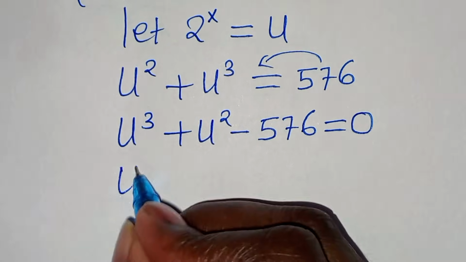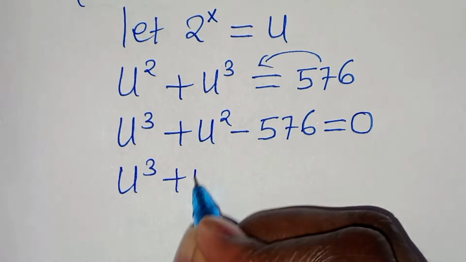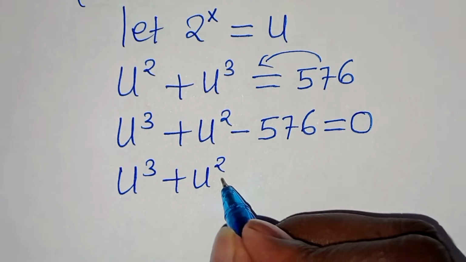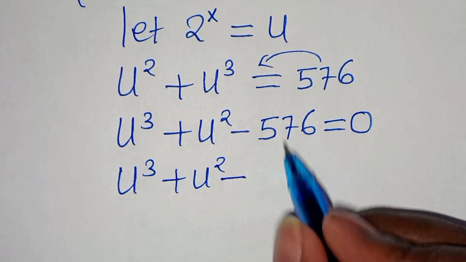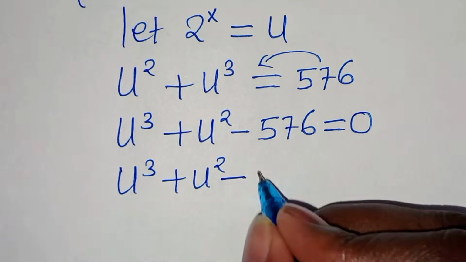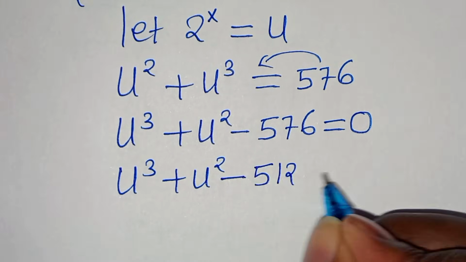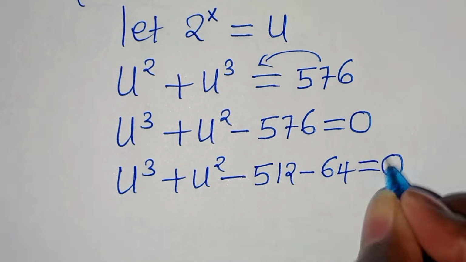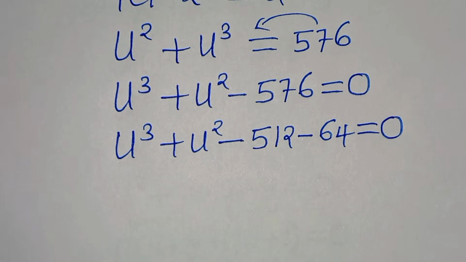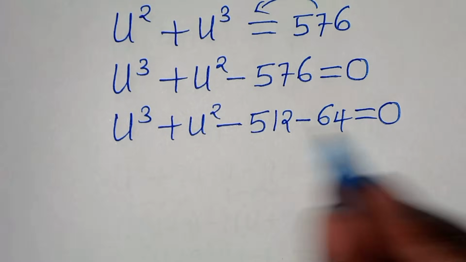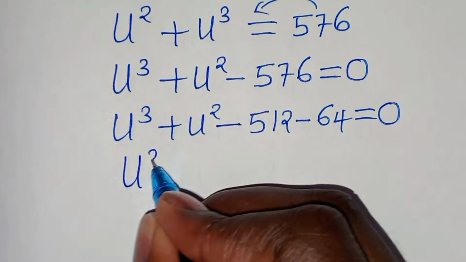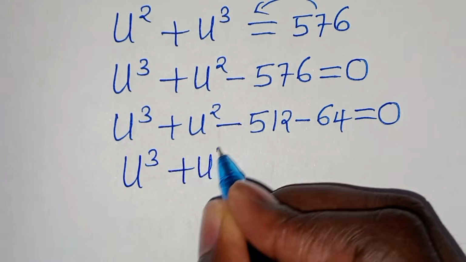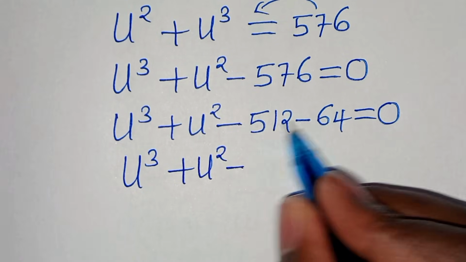So we have u to the power of 3 plus u to the power of 2. Subtract 576, which is minus 512 minus 64. This is equal to 0. So this implies that we have u to the power of 3 plus u to the power of 2, subtract 512.